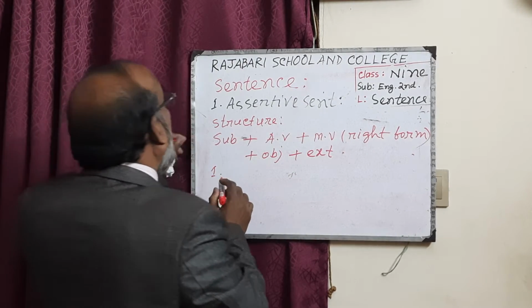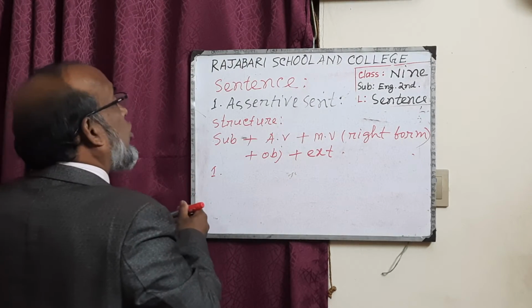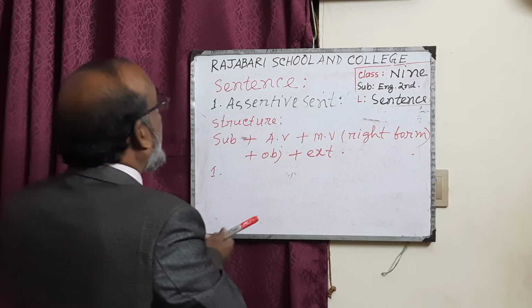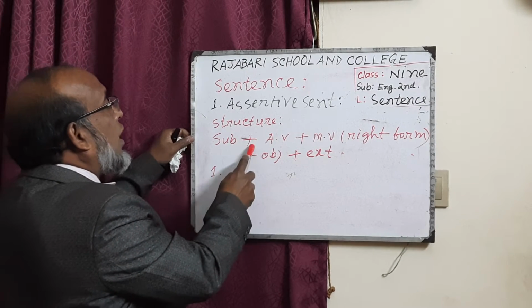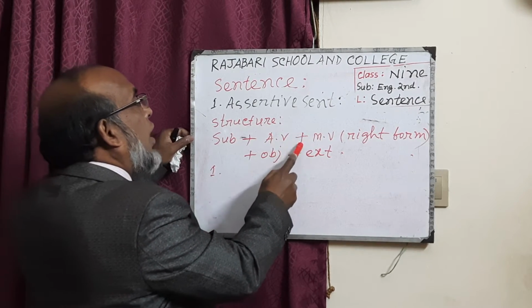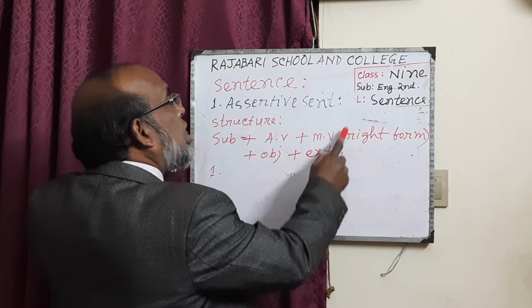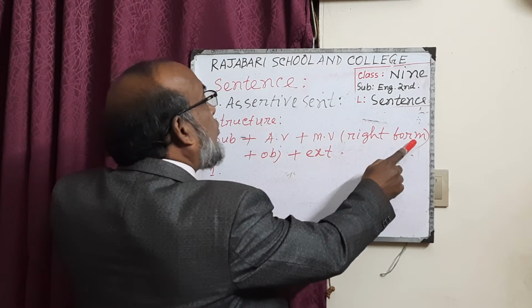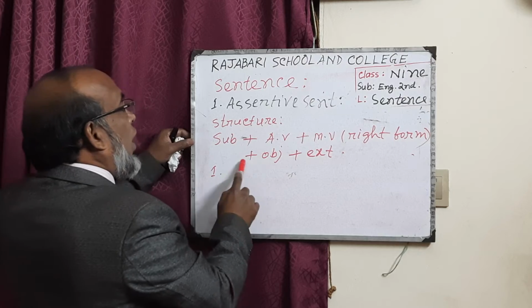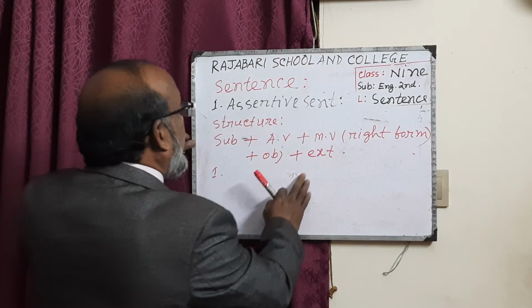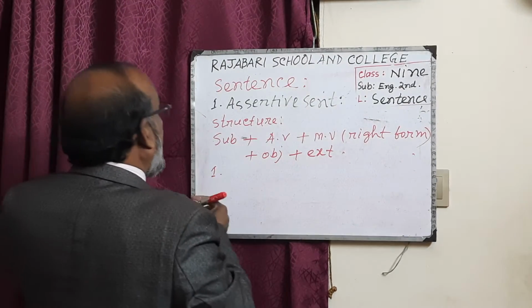You have seen the structure of assertive sentence: subject plus auxiliary verb plus main verb right form plus object plus extension.